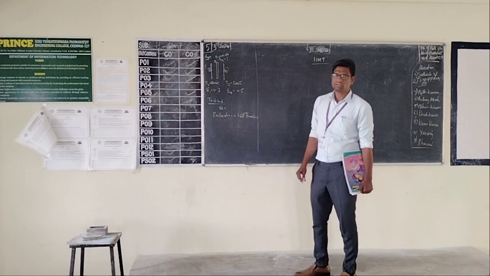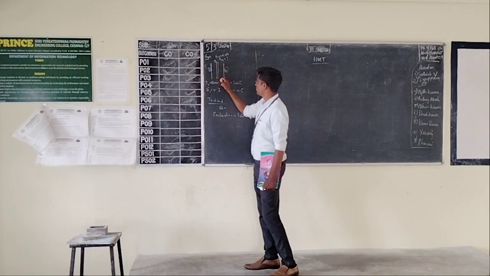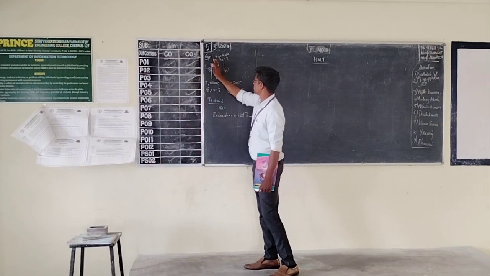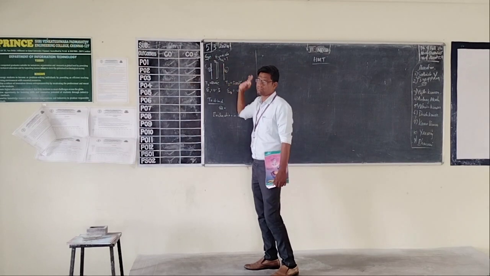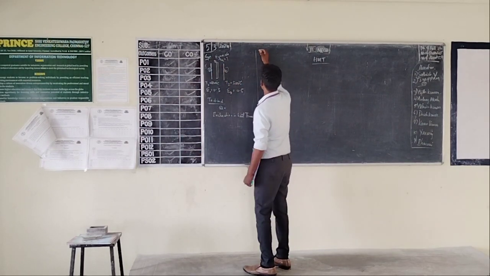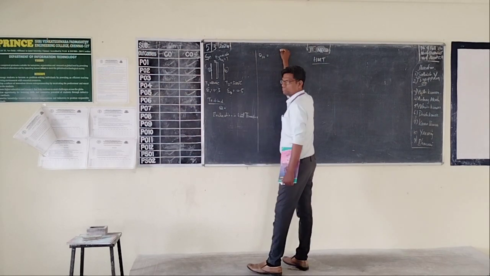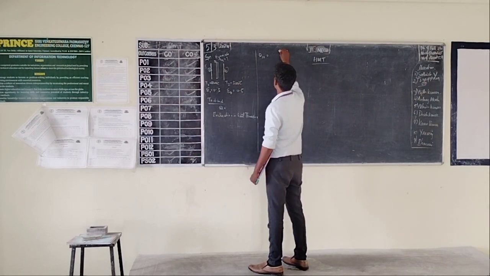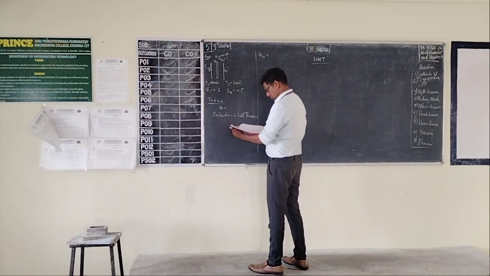So we want to calculate the heat transfer from plate 1 to plate 2, assuming no radiation shield is kept between these two parallel plates. So our formula is Q12 equal to, what is the formula?